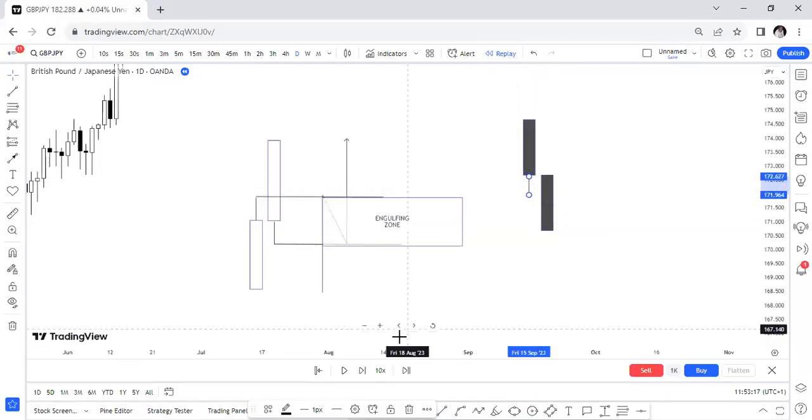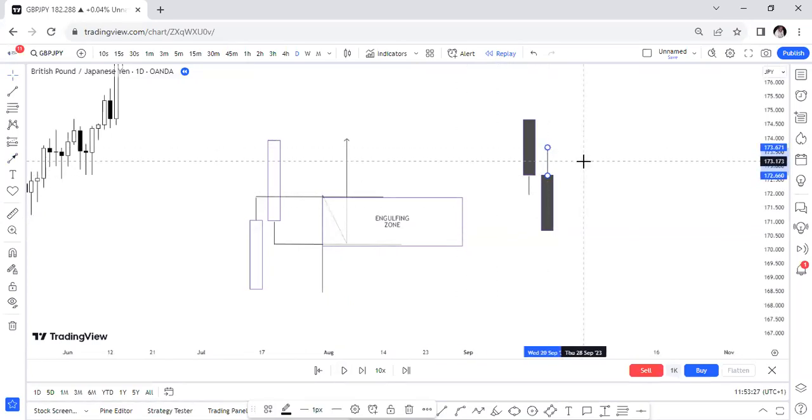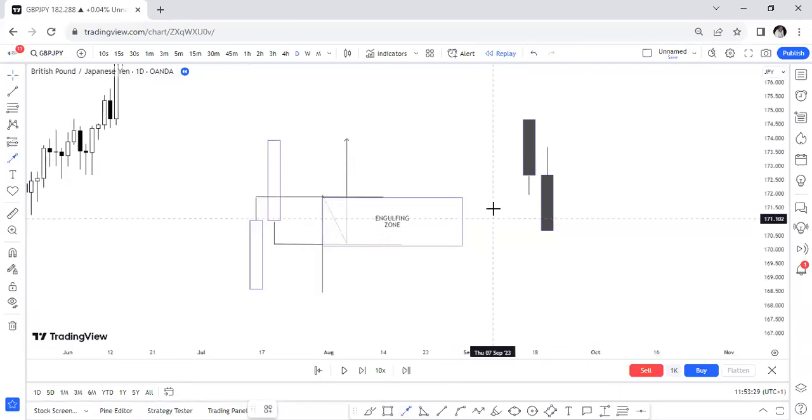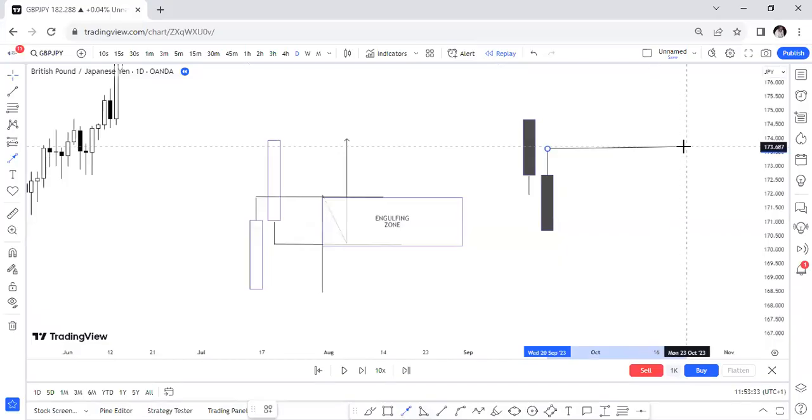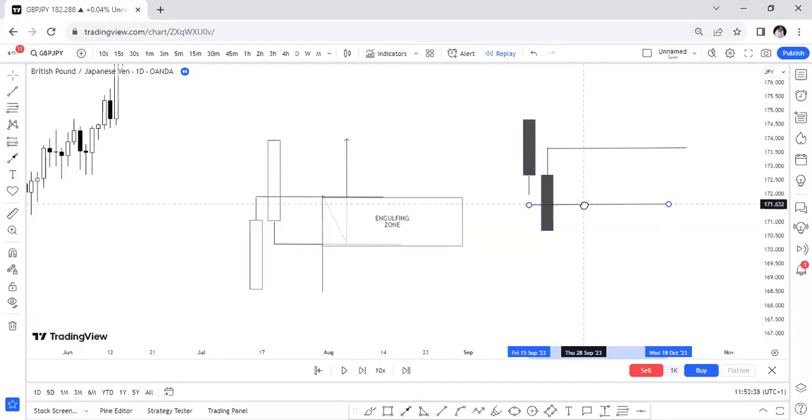It could be smaller, it could be longer, it doesn't matter, as long as it possesses a wick. So what this information tells us is this: this is the high of that upper wick, and this is the low of the lower wick.